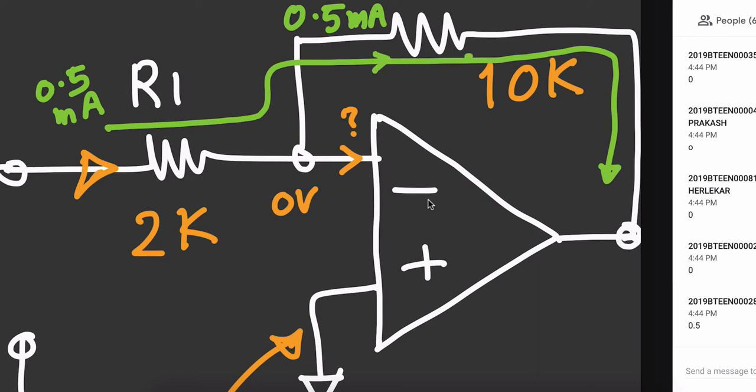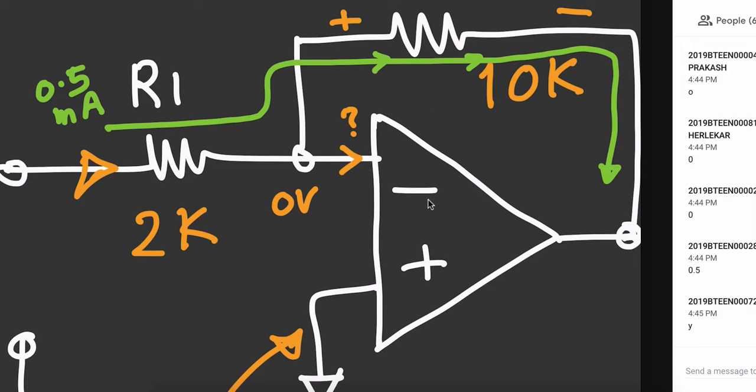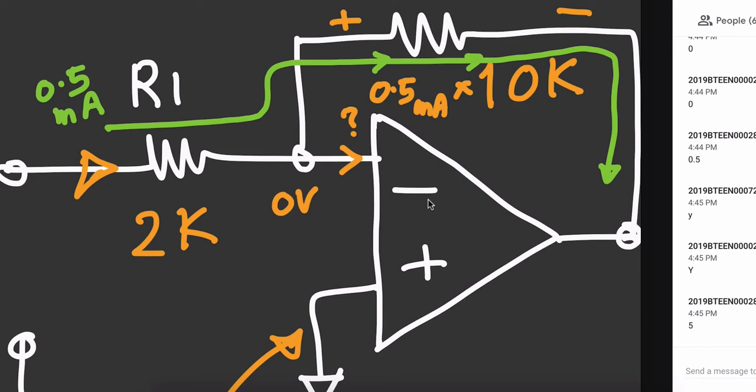Okay, because this current is flowing from left to right, the polarity will be like this. Everybody agreeing this? Okay, and the drop will be 10K into 0.5 milliampere, because 10K is the resistance value.